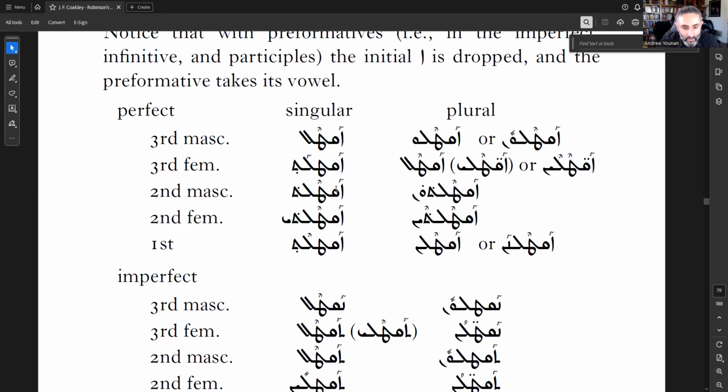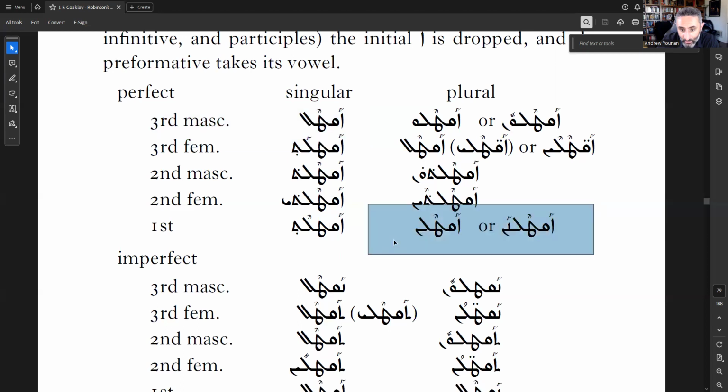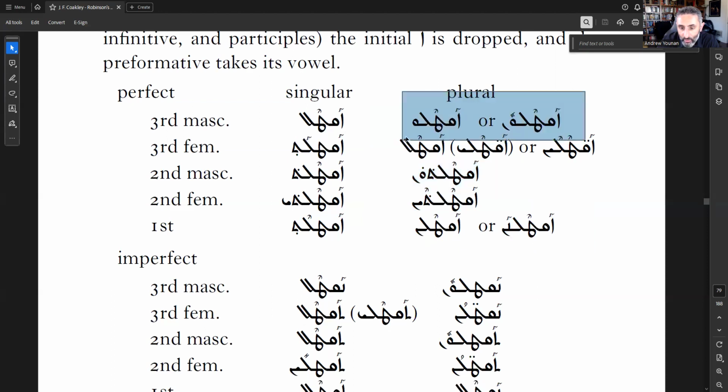So aqatleth, aqtalt, aqtalt, you caused to kill. Aqtal, he caused to kill. Aqtaln, we caused to kill. Aqtalton, you plural, caused to kill. Aqtalun or aqtal, they caused to kill.